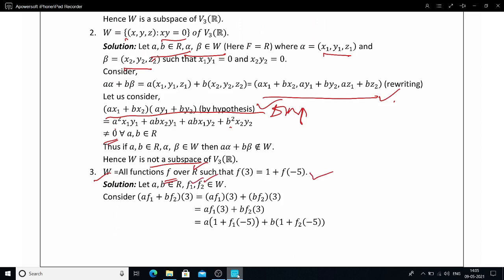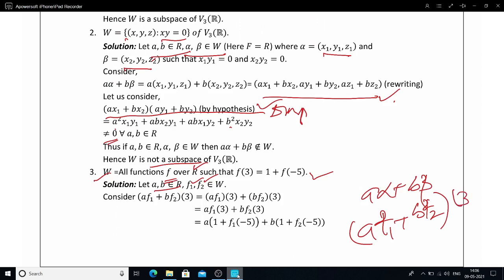Scalars, of course, the same: A, B belong to R. We know that A alpha plus B beta, here we have to take A f1 plus B f2 of 3. Operating 3 on first, operating 3 on second. This is the same as writing, since the scalar multiplication law holds good because it is a vector space.